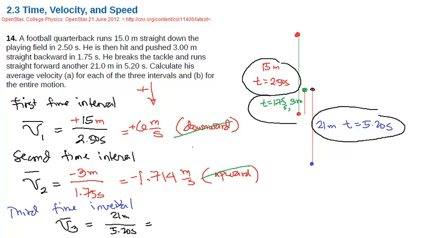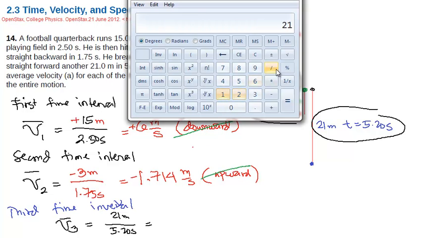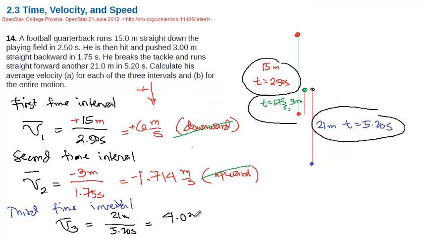So 21 divided by 5.20 is 4.039 positive meters per second.